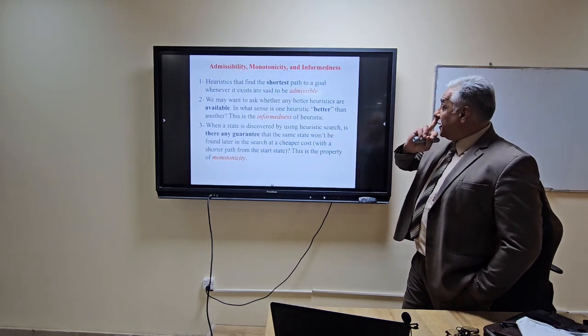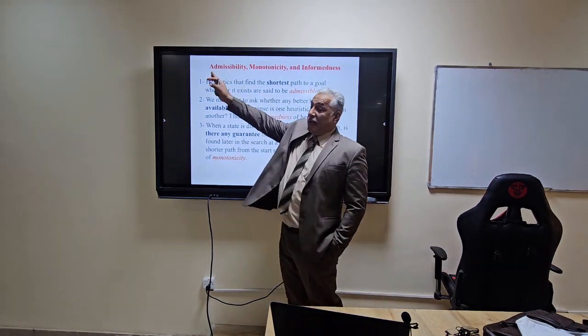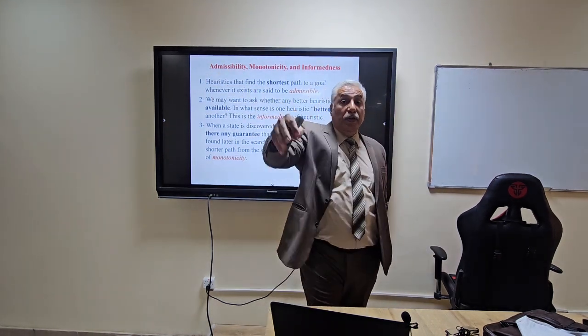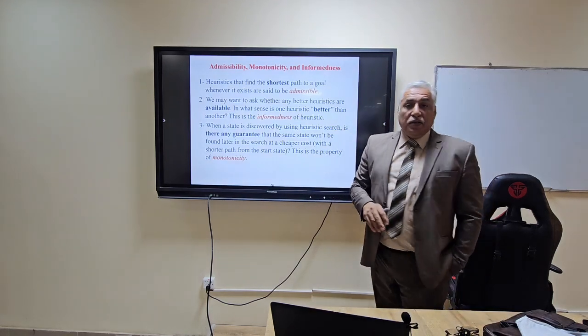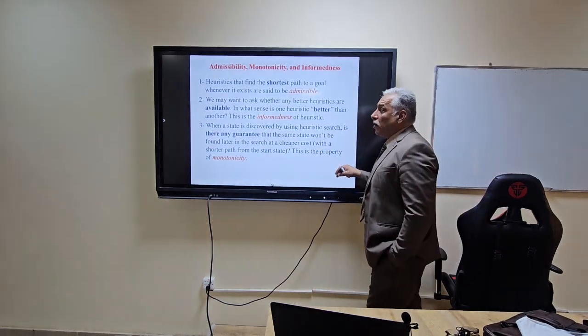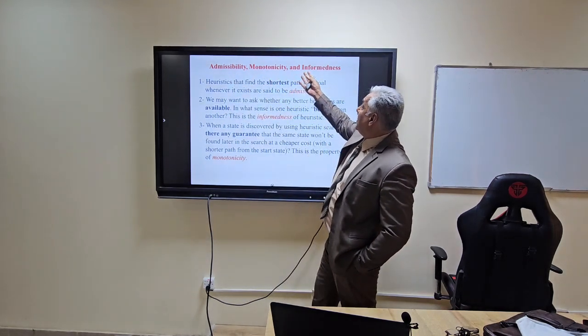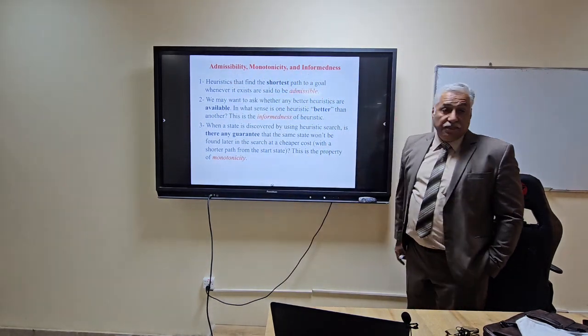Now there are three words that will be encountered when you are reading articles about heuristics. These three words are admissibility, monotonicity and informativeness.